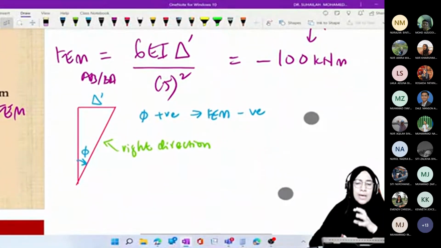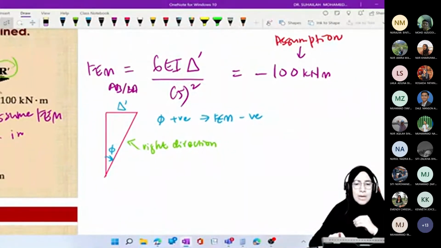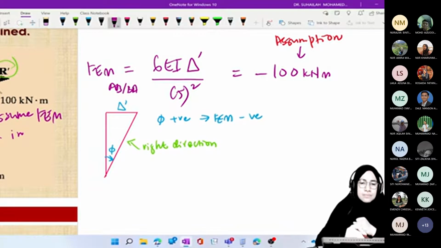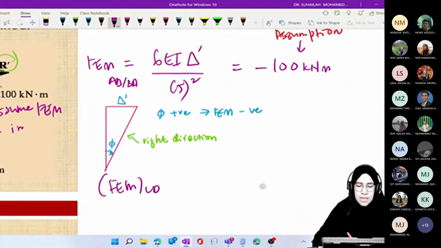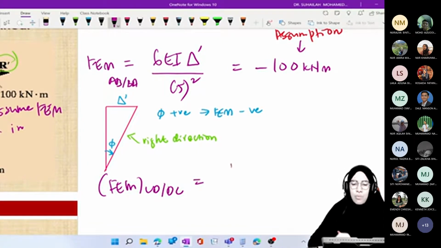When we apply the formula for FEM CD, DC, the formula is also 6EI over L squared times delta. EI is constant.